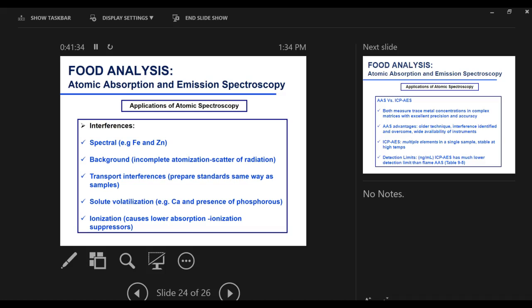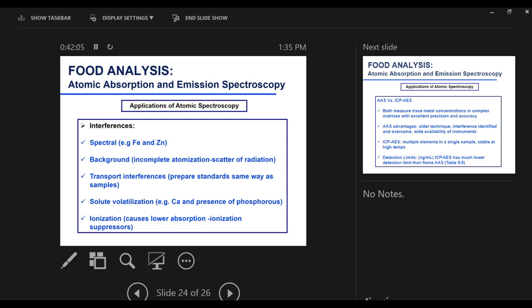Solute volatilization is potentially a problem when you have a mineral that can form large molecules. For example, calcium can form a large molecule with phosphorus, calcium pyrophosphate. Calcium can bind with phosphate, and then phosphate can bind with multiple calcium, so you end up with a large molecule with a lot of calcium and a lot of phosphorus.